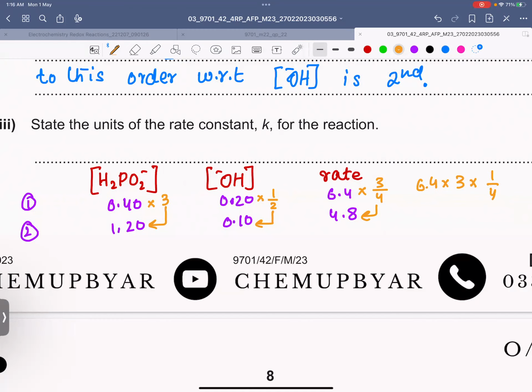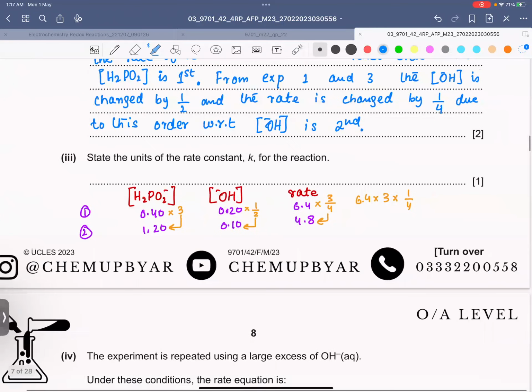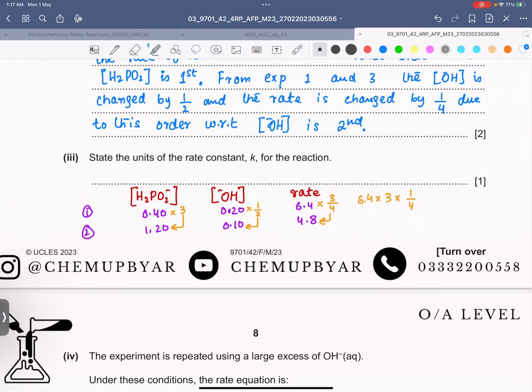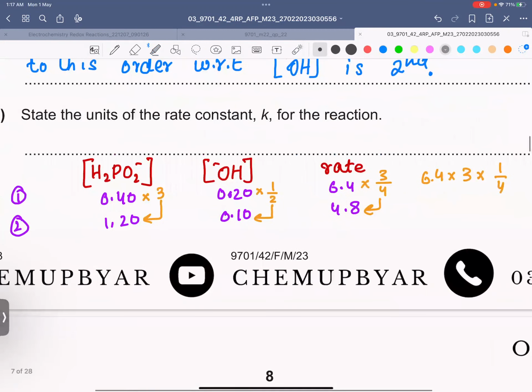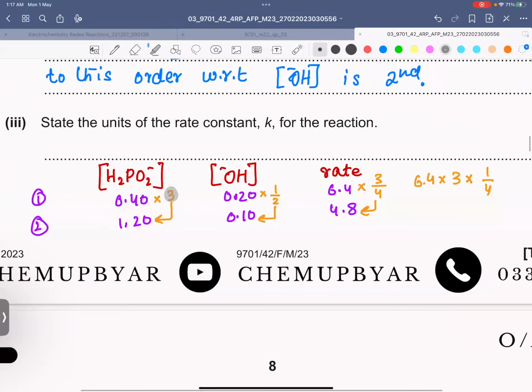And we knew that the order with respect to H2PO2 negative is first, right? We are sure about this, right? Yes. So from this, I can surely say that the change in the concentration of H2PO2 is making only the 3 times change, right?